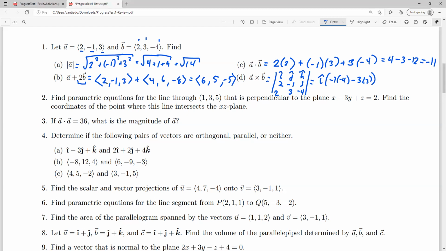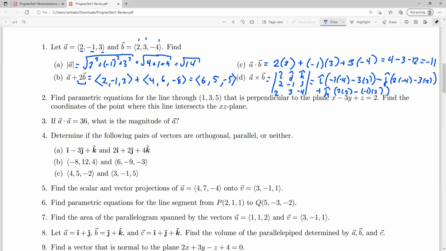So this is plus, j will be minus. So minus j hat times this submatrix: 2 times negative 4 minus 3 times 2. And lastly, we add k hat times the determinant of that submatrix: 2 times 3 minus negative 1 times 2.